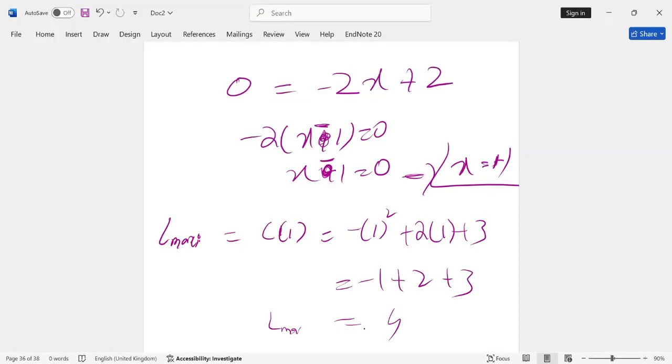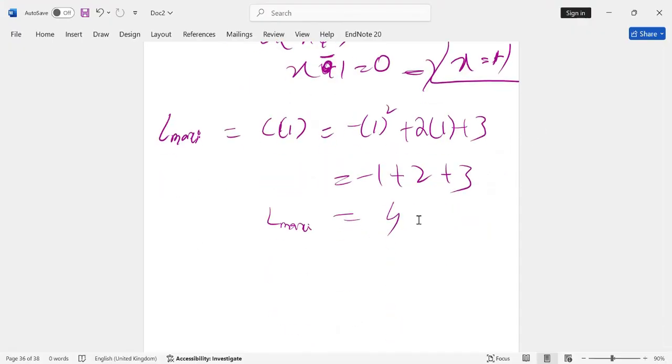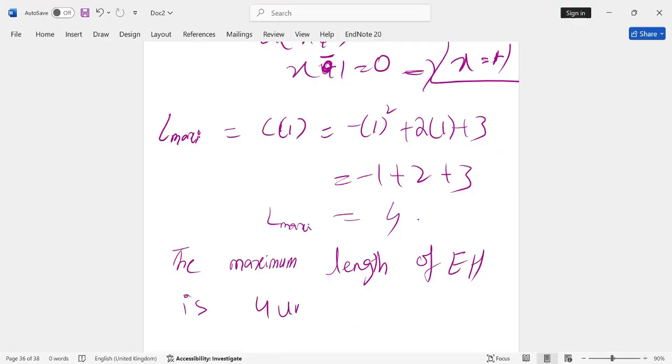So L maximum is equal to 4. So the maximum length of EH is 4 units. All right. This is the required answer for this question.